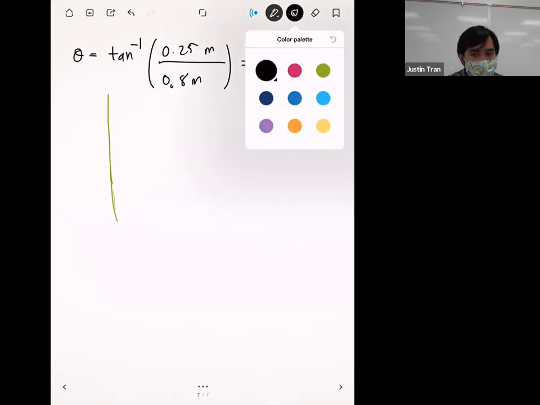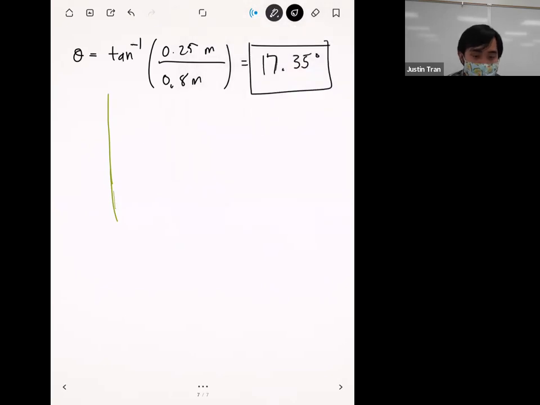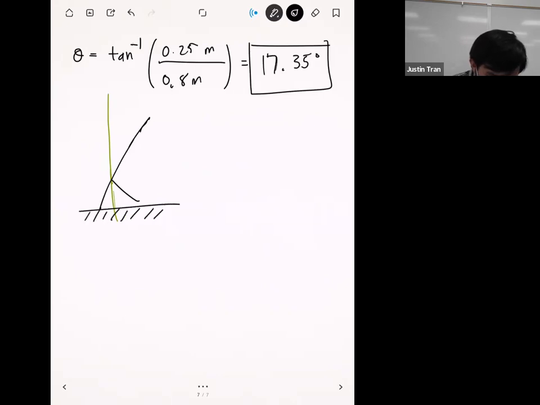If a person was standing up straight, their spine would line up exactly with this line. But we're not doing a person standing up straight. What we're saying is that this person is starting to tilt. Right, and so the angle theta that we're looking at is this one right here.